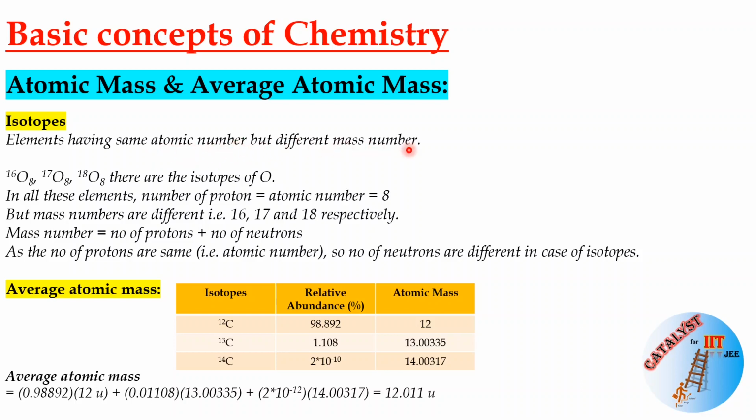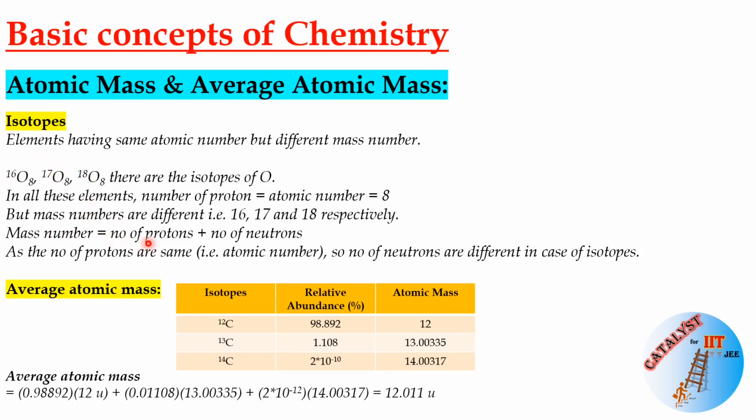But what is mass number? Mass number is the sum of the proton number plus the neutron number in the nucleus, correct? Now, if we consider these three elements, oxygen-16, oxygen-17, oxygen-18, you can clearly see the atomic number in all these cases is 8, which is the number of protons, correct? But the mass numbers are different: 16, 17 and 18.